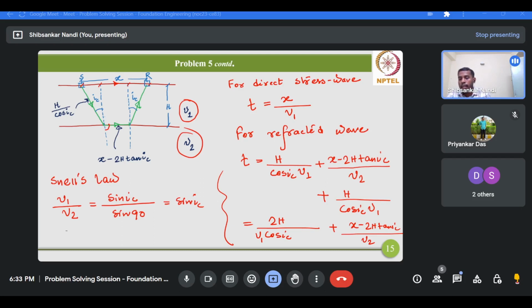Again, cos IC and tan IC we can represent as square root of 1 minus sin square IC, and tan IC as sin IC divided by cos IC. So wherever you get cos IC and tan IC, you can substitute these values in terms of v1 and v2.